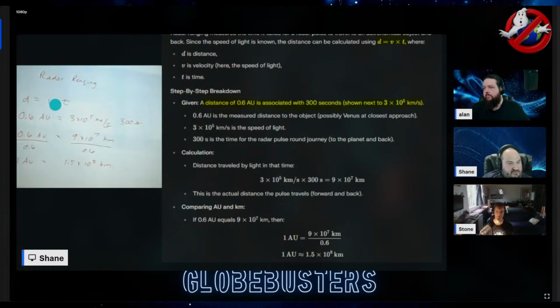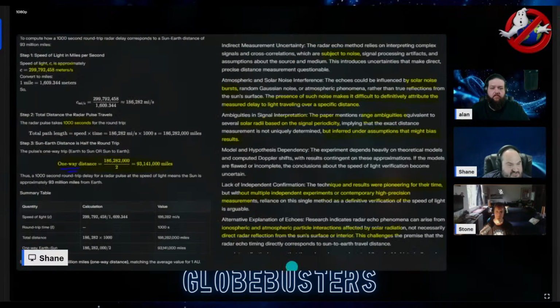So maybe not so lucky attacking this part of it, but we can attack this part of it, because then it becomes: how do you know that you got that return signal precisely when you said you got it? When you're building these giant, never before seen, super sensitive receivers with giant parabolic dishes and going through super sensitive data that no one's ever seen to interpret a signal during this specific time frame that you need it to return.